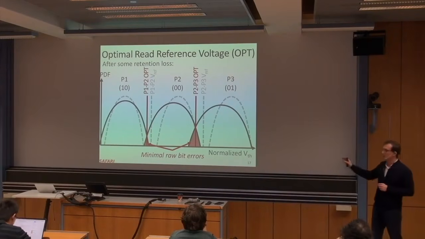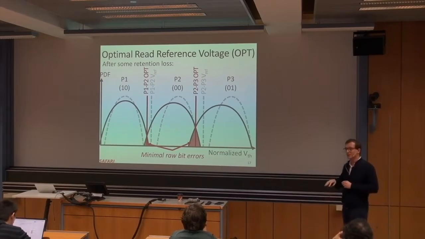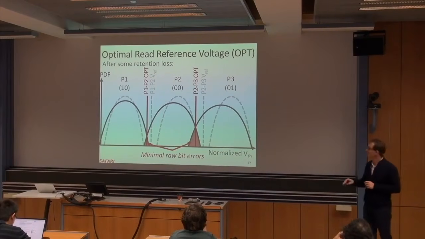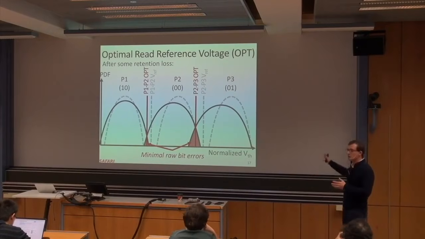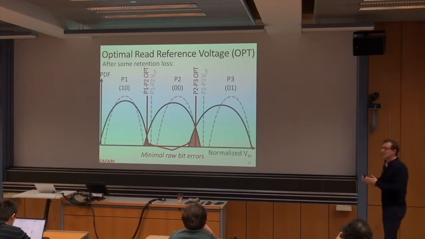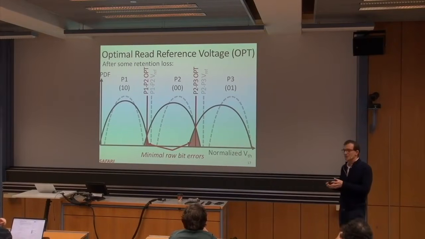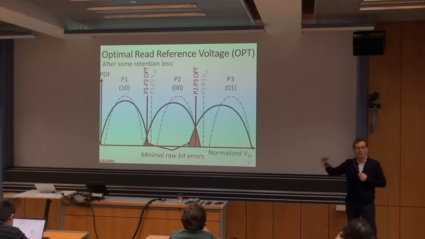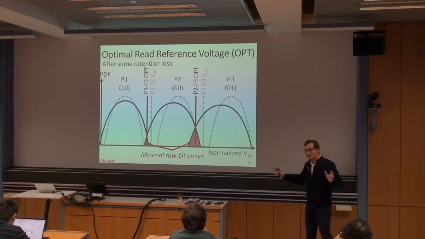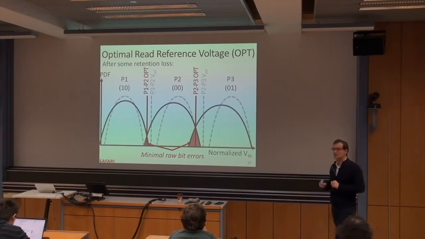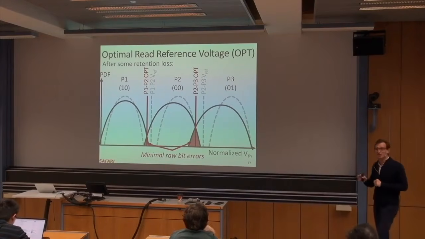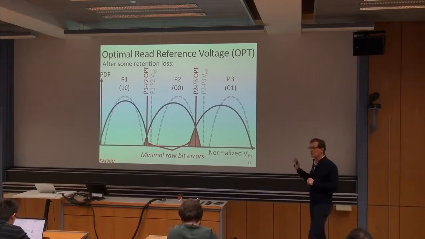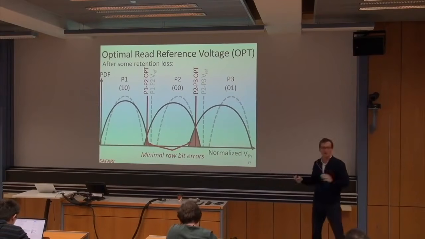There are a lot of models that these controllers build online, during operation today, to characterize the distribution and predict, okay, the distribution will be like this, given that the data has stayed here for n days, given that neighboring pages have been programmed, maybe with these values, and as a result, I'm going to pick a read reference voltage that's here. We're going to talk about some of those models, but there's a lot of very interesting research that has gone into minimizing these raw bit errors, because these raw bit errors are actually a lot.